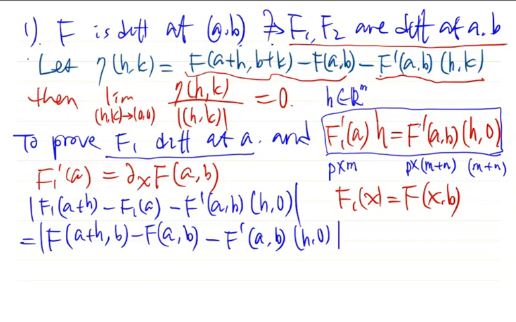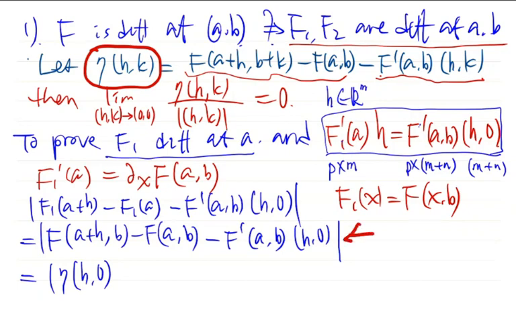What's this? This is precisely eta(h, 0). In the expression of eta, when we take k to be 0, we obtain the vector inside the norm. So this quantity is precisely the norm of eta(h, 0).